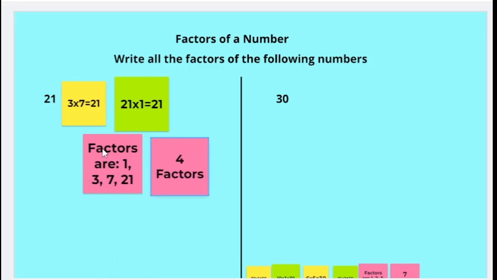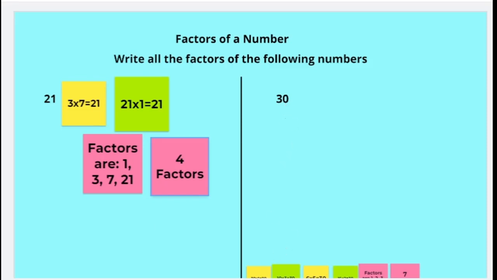All right, so is 21 a prime or composite number? It is a composite number because it has more than 2 factors.